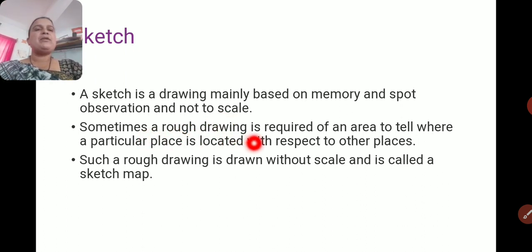Sometimes a rough drawing of an area is required to tell where a particular place is located with respect to other places. So to show others a particular area or place, we sometimes use a rough drawing, which is called a sketch. Such a rough drawing, drawn without scale and actual distance, is called a sketch map.